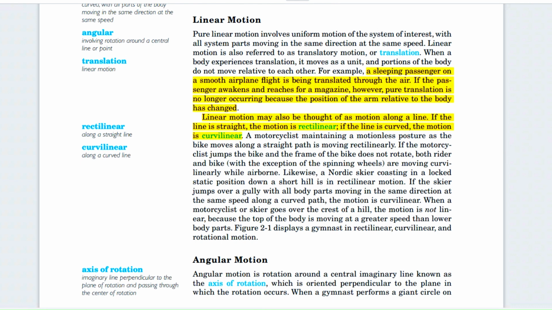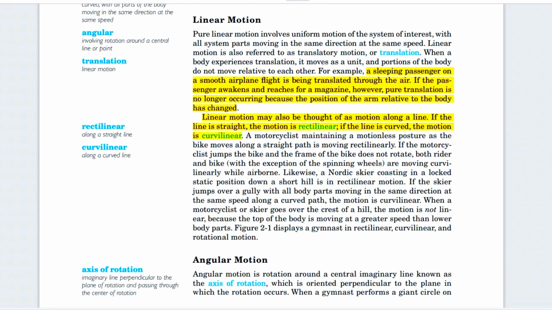So this does not remain the same as the pure linear motion we discussed before, with the sleeping passenger on a smooth airplane flight. That is the breakdown of the linear motion.